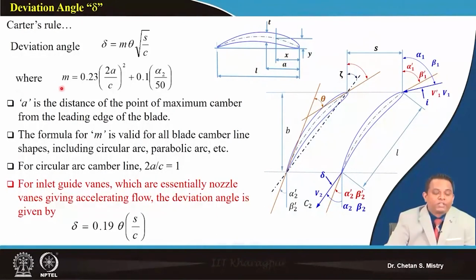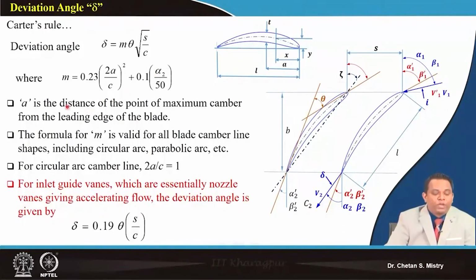So m is equal to 0.23 into (2a by c) squared plus 0.1 times alpha 2 by 50. If I am considering this equation for a rotor blade, in place of alpha 2 we will have beta 2.